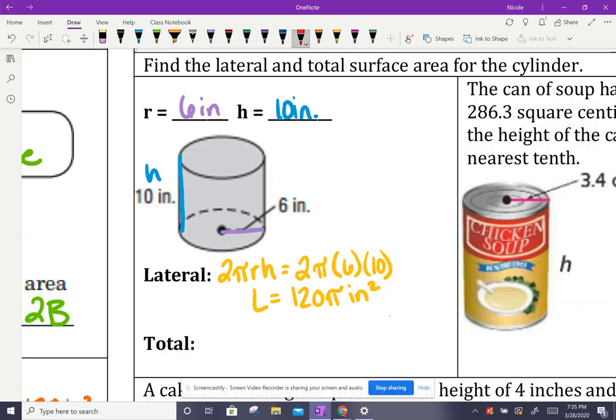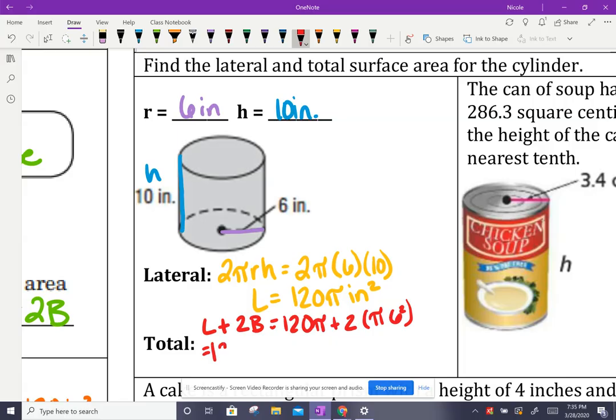For the second is our total surface area. So we're going to take that lateral plus 2 times the area of the base. So my lateral was 120 pi plus 2 times pi r squared, 6 squared.